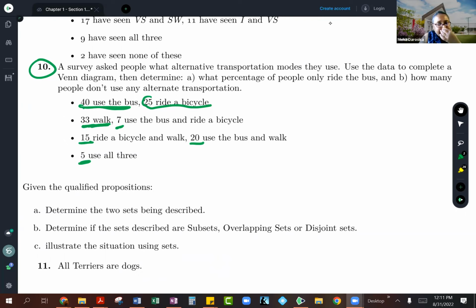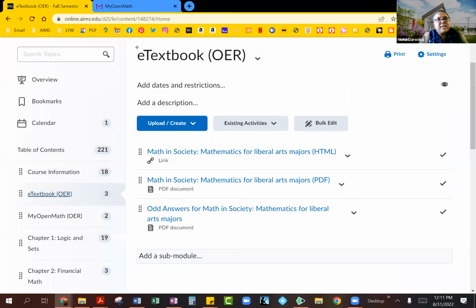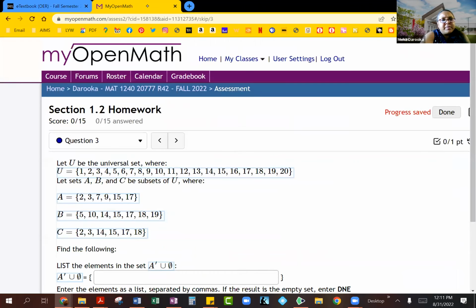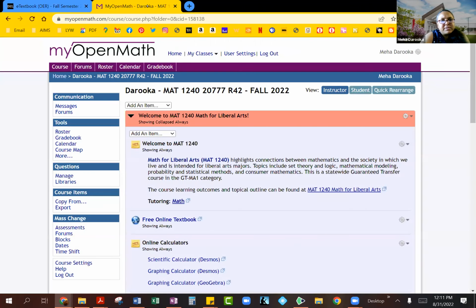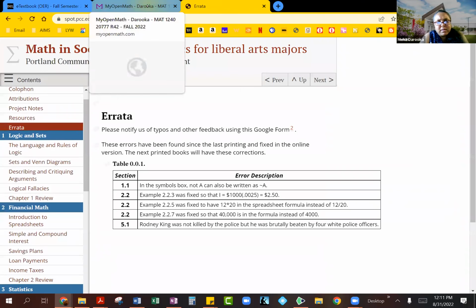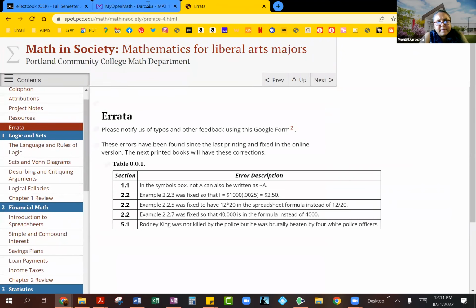Okay, so Sarah, you're saying there are 98 people total. I actually want to see if there is an error message because this is not looking right to me. No, there's nothing from 1.2 in here. They're specifically asking us how many people don't use any alternate transportation, but they're not giving us that information.